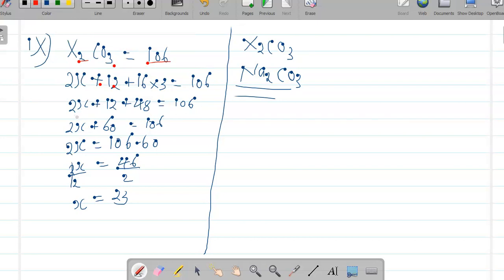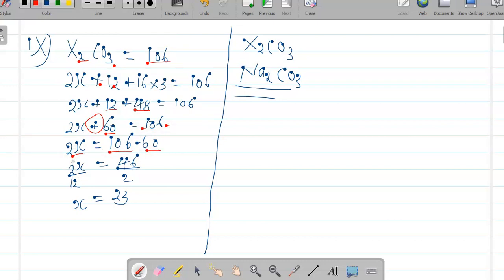So you continue taking 2X, plus 12 plus 48, which is equal to 60, is equal to 106. Now this sign is positive, 60 is positive. When you transfer to the other side, you collect like terms, it's minus. So 2X is equal to 106 minus 60. Then 2X therefore is equal to 46.